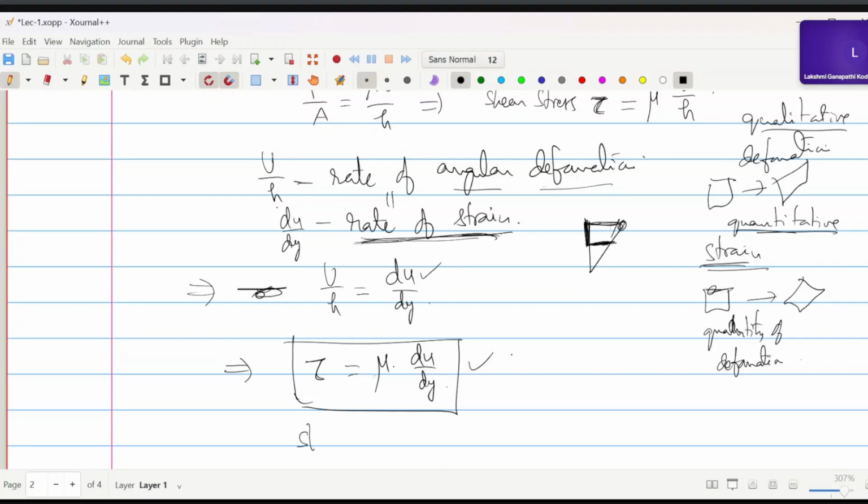You have a shear stress, and shear stress is proportional to mu. That's what you are saying. So with this rate of strain or rate of angular deformation, any fluid will have certain things, that dou u by dou y is fixed in that direction.